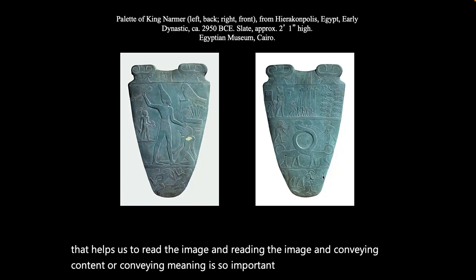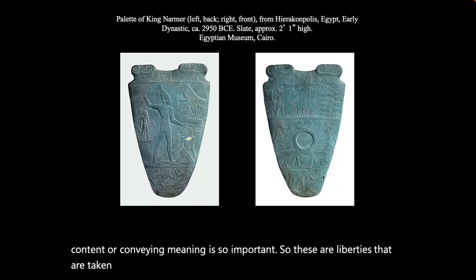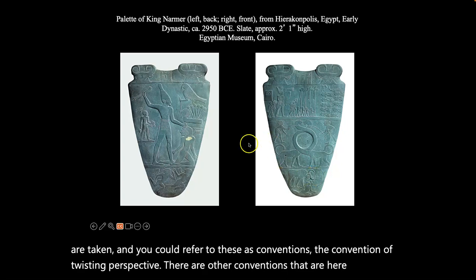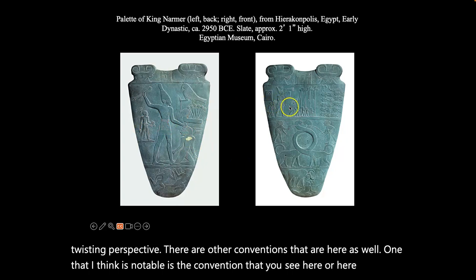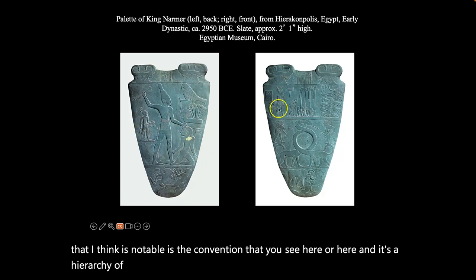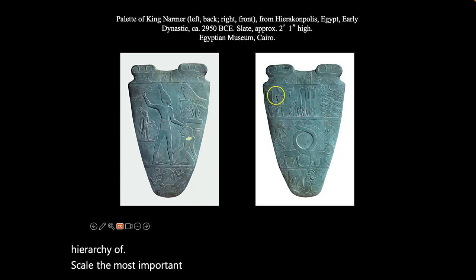So these are liberties that are taken. And you could refer to these as conventions. The convention of twisting perspective. There are other conventions that are here as well. One that I think is notable is the convention that you see here or here. And it's a hierarchy of scale. The most important figure is largest. The lesser important figure is smaller.